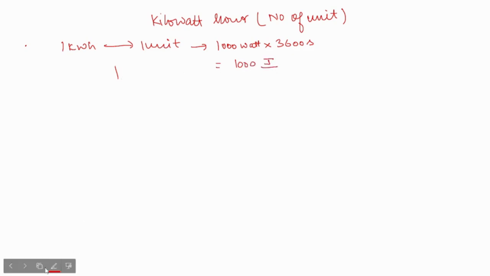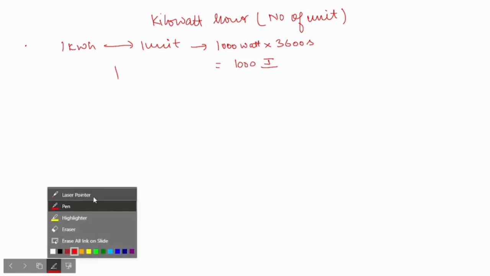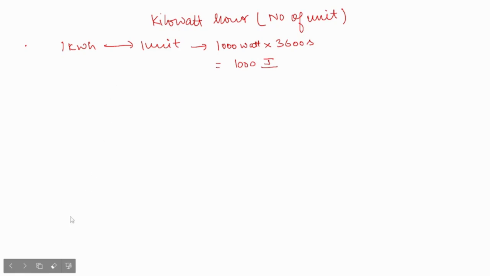We are converting kilowatt hour into our unit, that is joule, in which it is easier to do problems. This will get cancelled and this will be 3.6 into 10 power 6 joule. This is your 1 kilowatt hour. So this was your electric energy, electric power and kilowatt hour.